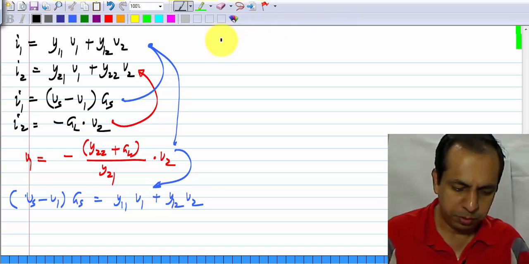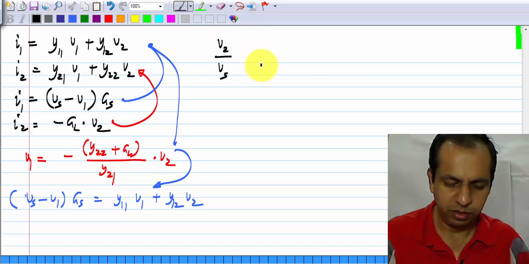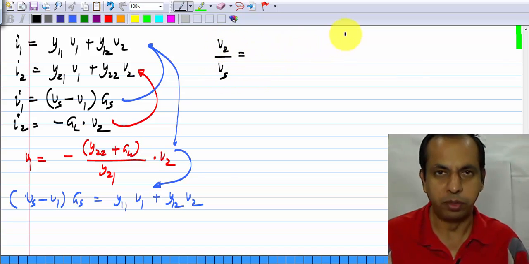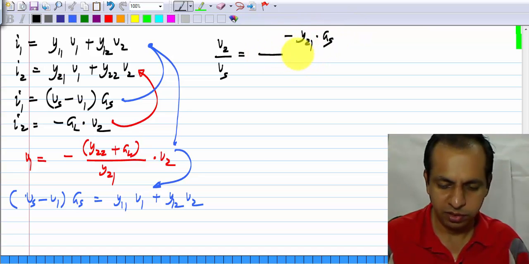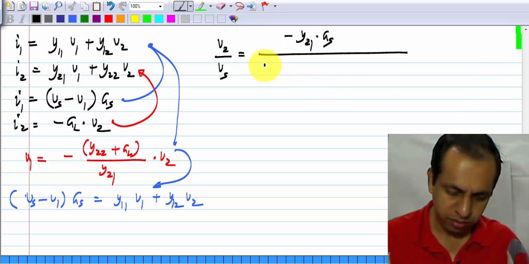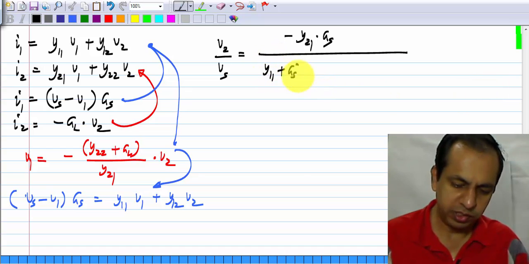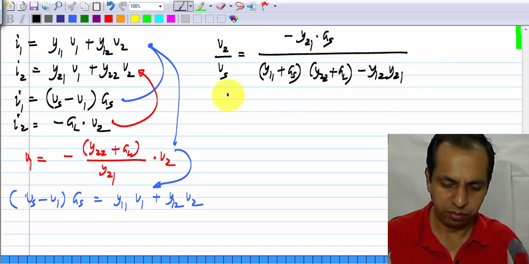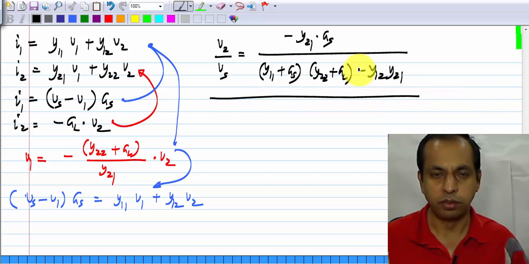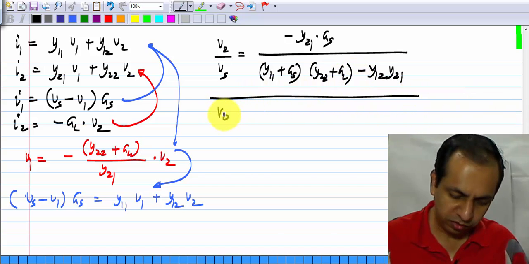And if you obtain the final expression, you will see that V2 by Vs will be equal to minus Y21 Gs divided by Y11 plus Gs, Y22 plus GL minus Y12 Y21. Okay.